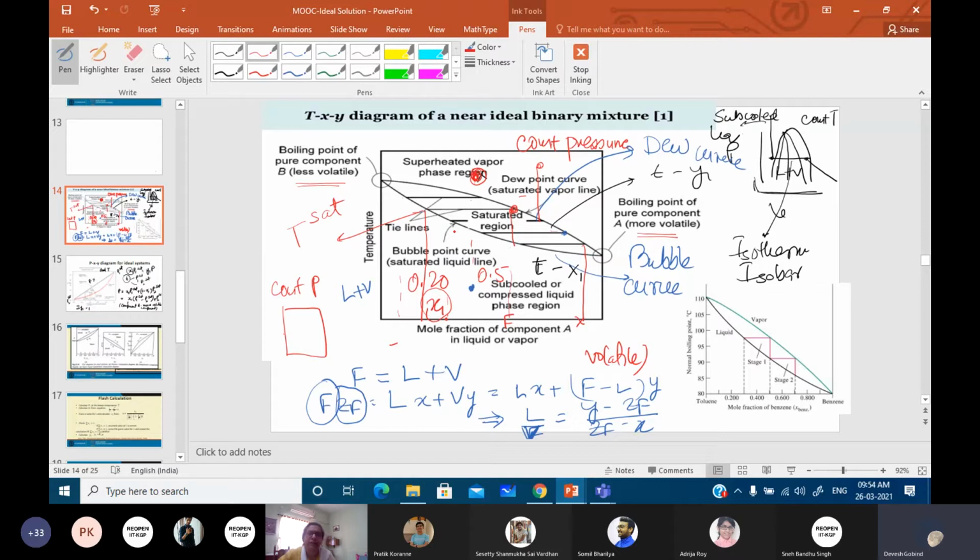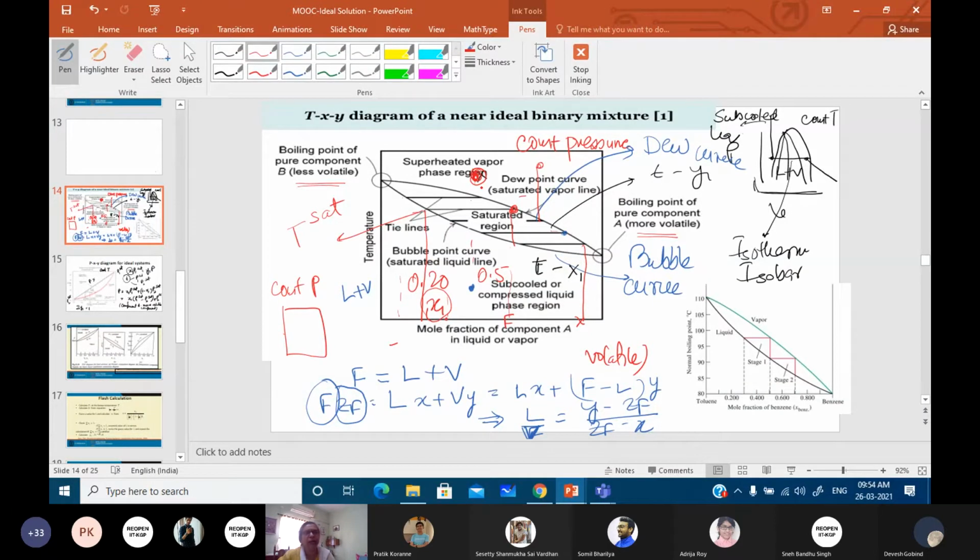Perfect. See, there are two things that are often specified. Most of the time, let me tell you, we specify the composition because the purity is very important. Along with that, normally the way the problems are posed in industry, there are two things.